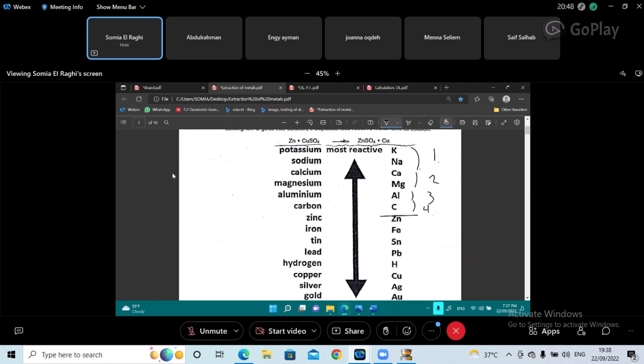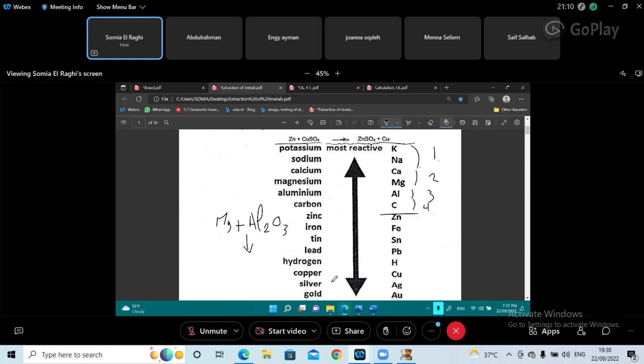Again, they will give you just a simple equation about any two of these elements, one of them in a compound. For example, if I have magnesium and aluminium oxide, immediately you see aluminium kicked out.